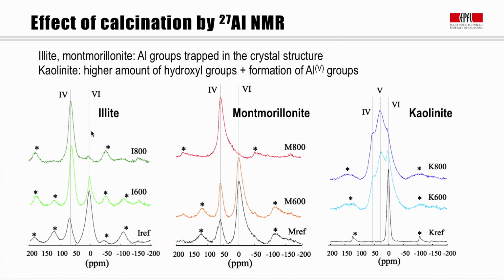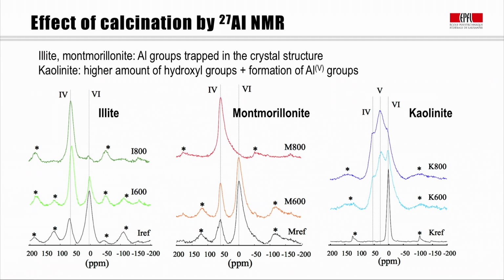So we see for the 2-to-1 clays, illite and montmorillonite, that as we heat these materials, we get a transition of the aluminium from the octahedral coordination in the raw clay. Octahedral has 6 apexes, so this is also called a 6 coordination, to a tetrahedral coordination or a 4-fold coordination.